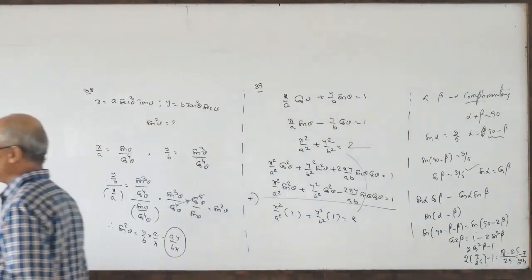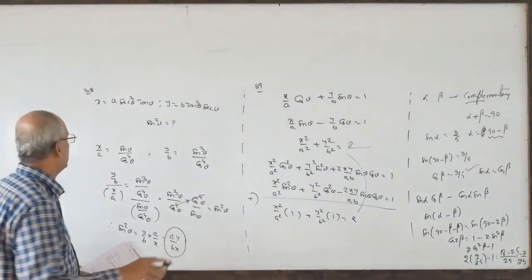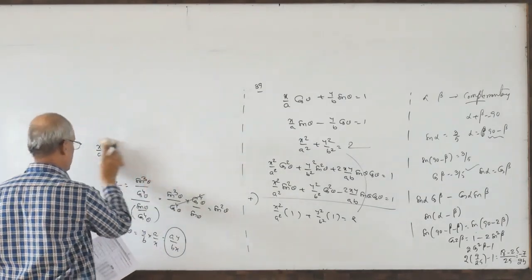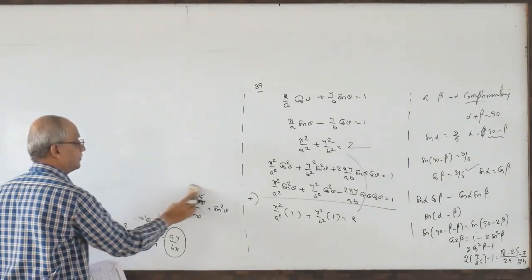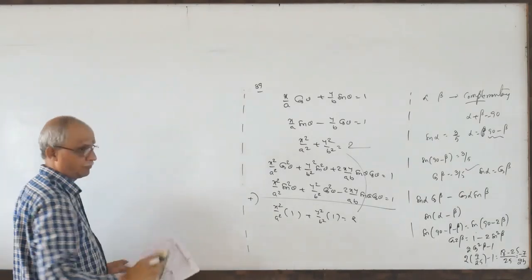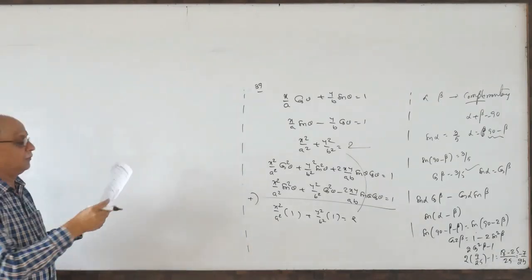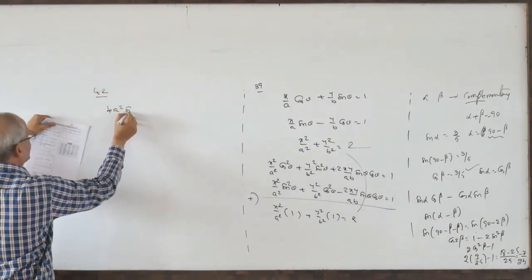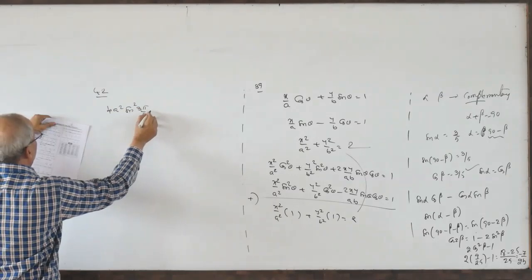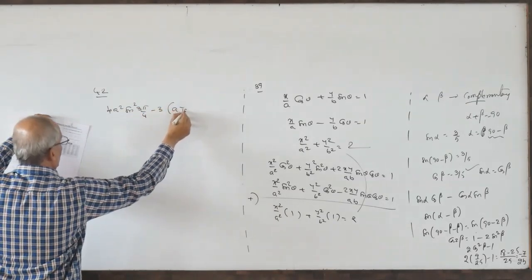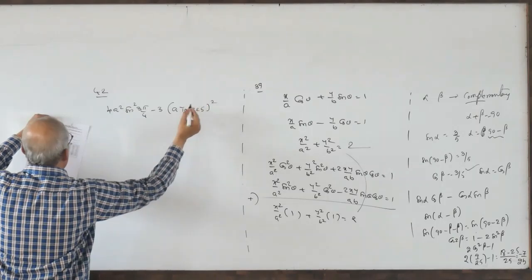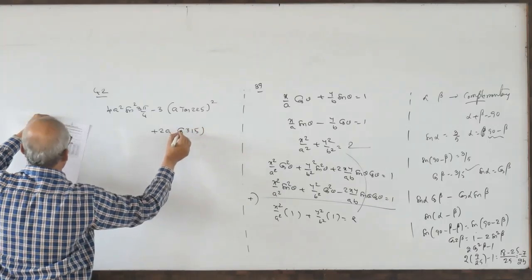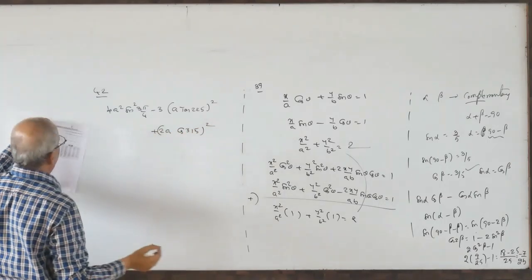Last problem, 42. With this assignment, the first chapter is complete. See here: 4a square sin square 3 pi by 4 minus 3 times a tan 225 whole square, given 2a cos 315 whole square. Easy problem.